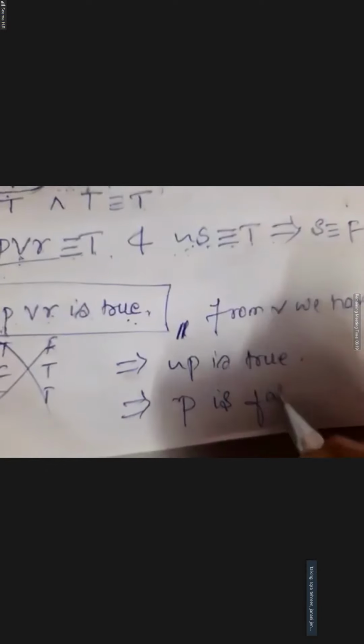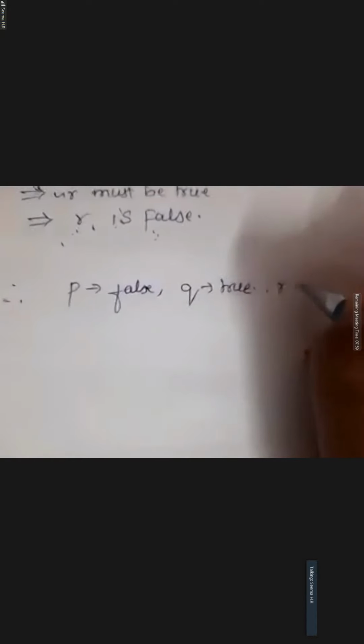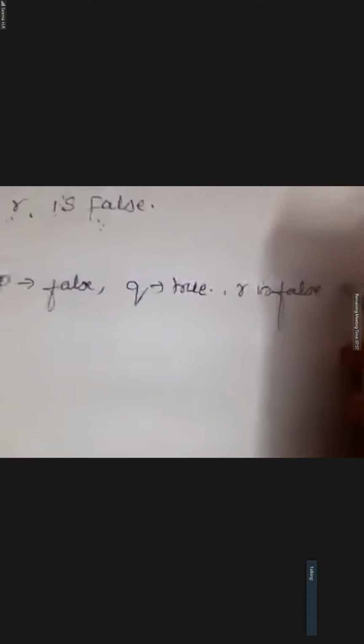So if negation of P is true, P must be false. So you got S as false, P as false, R is false. Therefore, P is false, Q is true, R is false, and S is also false.